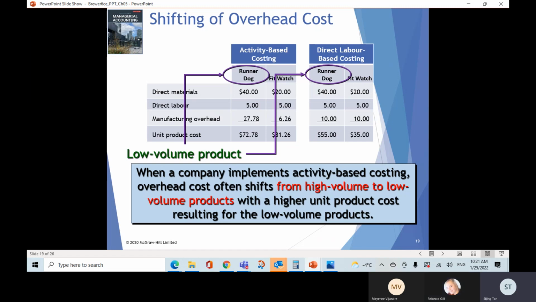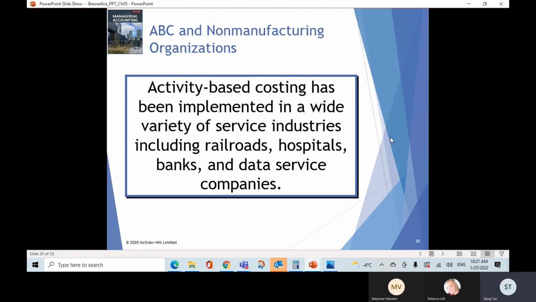However, the ABC system assigned a different amount of production order related overhead to each product. So the costs are being shifted. We have to emphasize that the costs are being shifted from the high volume product, which is feed watch, to the low volume product, which is run a dog. So that is the difference between the two different systems when you calculate it.